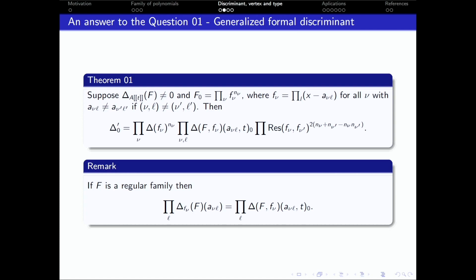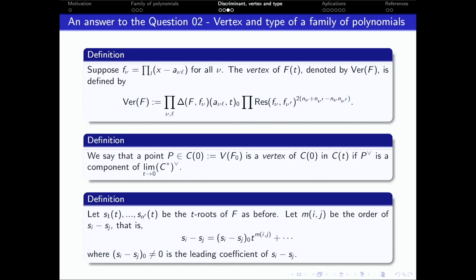So here we make the following remarks. This discriminant here is divided in two parts. The first one, a contribution from the dual of each component in the special fiber, and the remaining part is what we call the vertex.